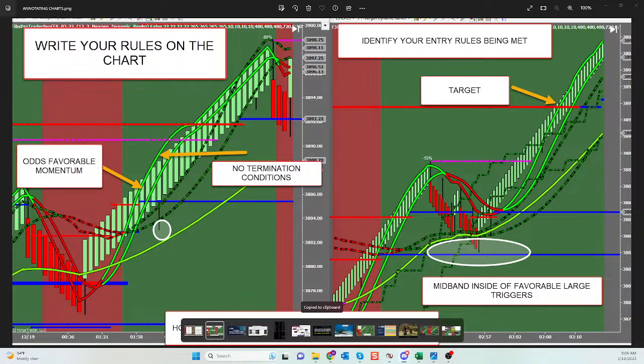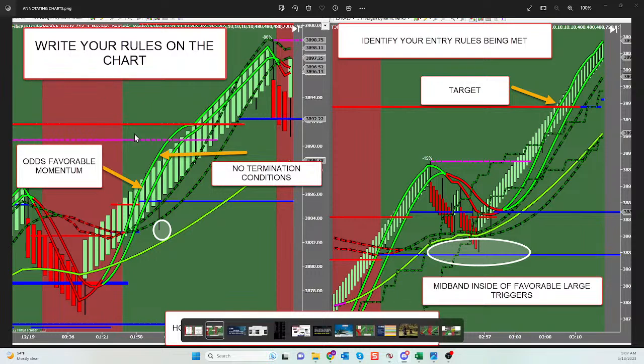This is a picture of an annotated chart. And this is my expectation for you guys. I don't have a lot of expectations because, you know what, we're just students, but this is my expectation, guys. Write your rules on your chart. If you tell me that your rules are met, tell me what your rules are. If you told me that you broke a rule, tell me which rule that you broke.